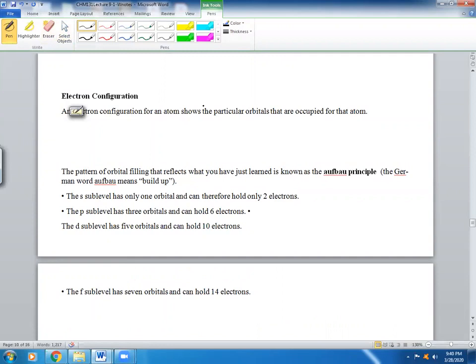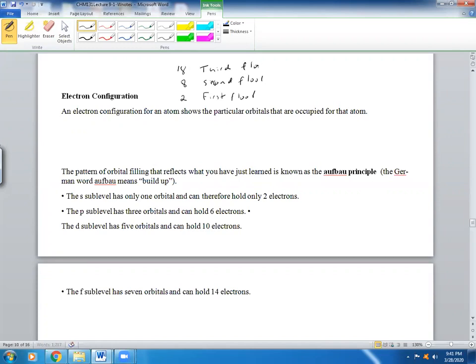Imagine someone wants to get a report on the tenants in a building. You get back the report and it says, okay, in this report you have 2 people in the first floor, 8 people in the second floor, 18 people in the third floor, so on and so forth.